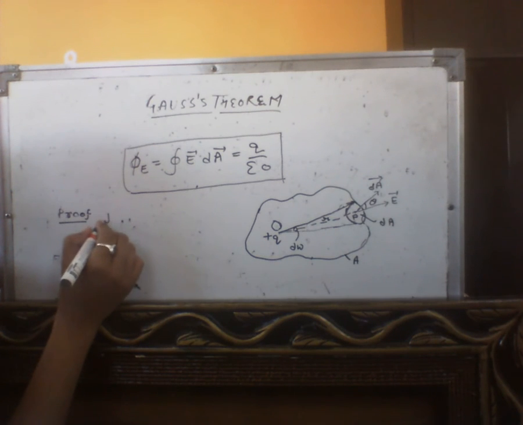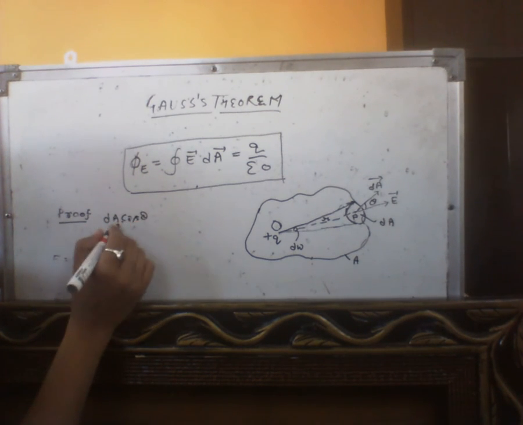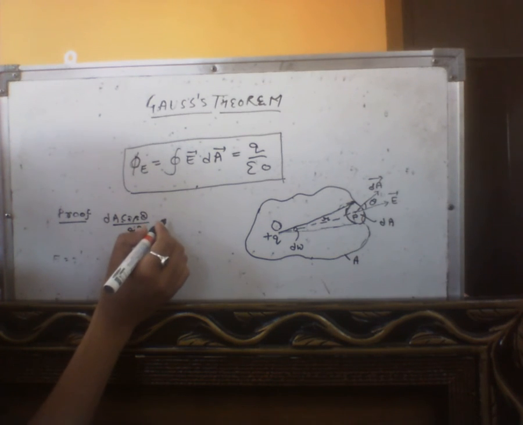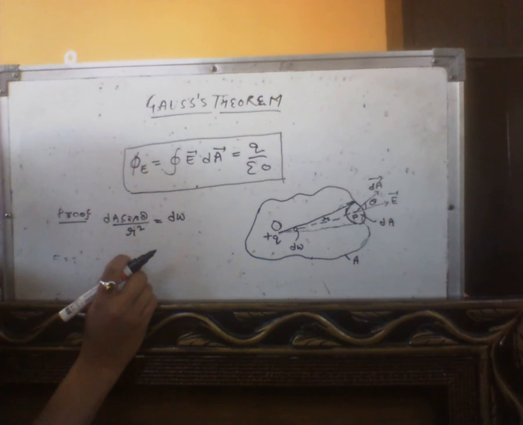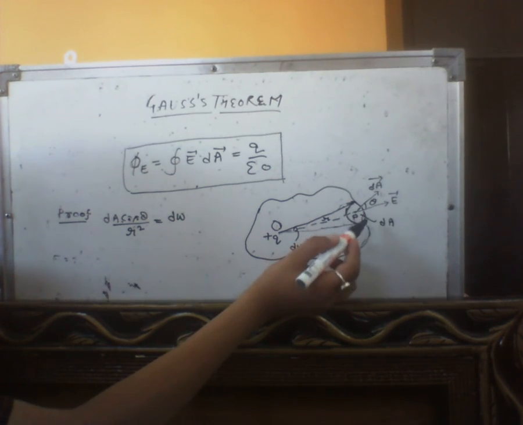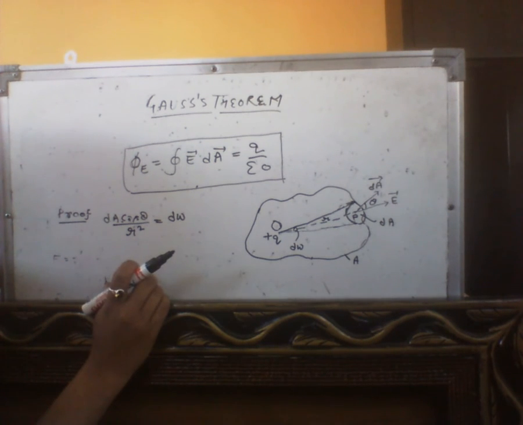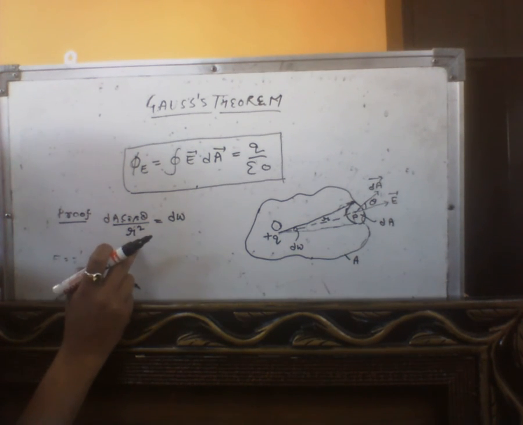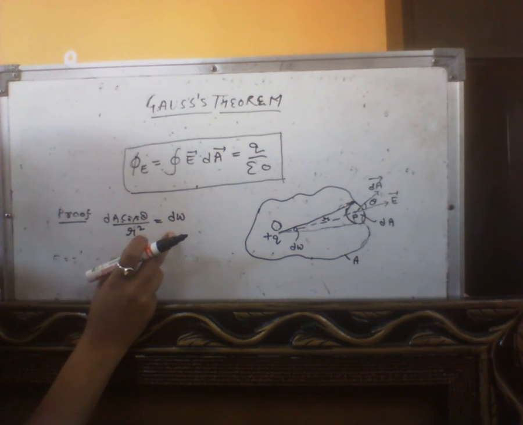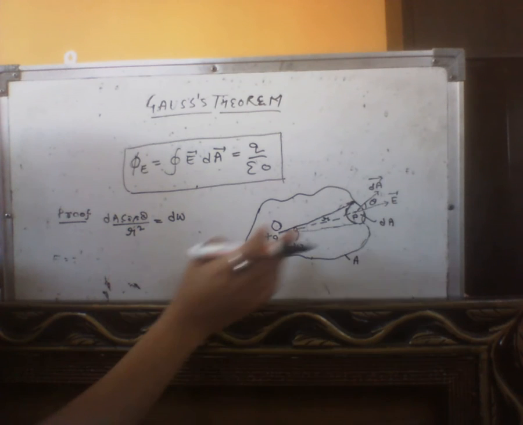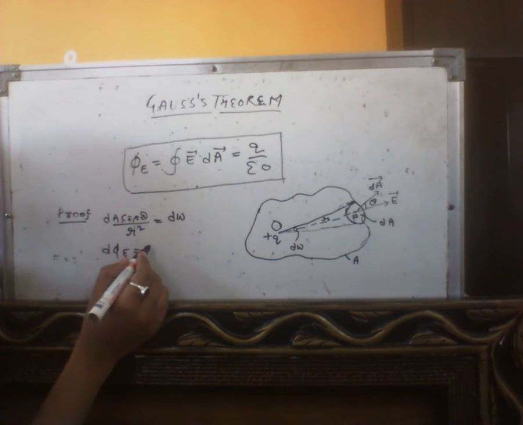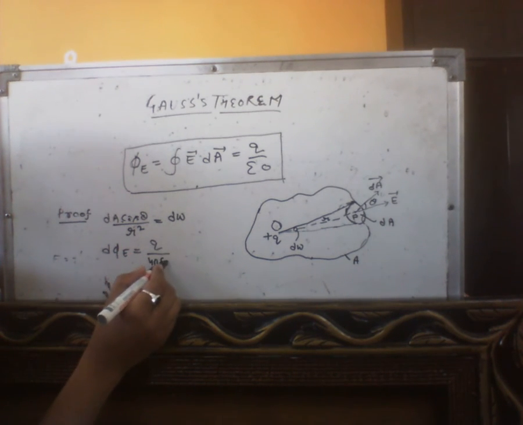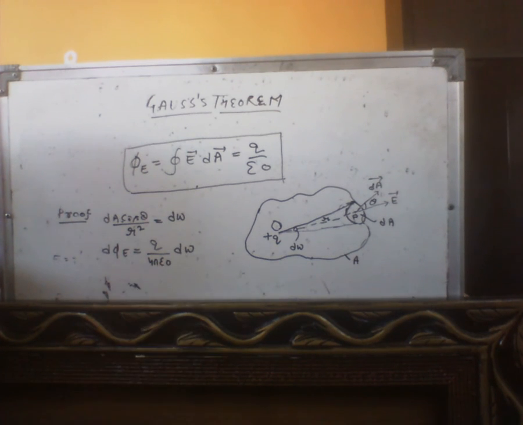But we know that dA cos theta upon r square is equal to d omega, which is the solid angle subtended by this area vector at point O. So dA cos theta upon r square can be written as d omega, and d omega is the angle subtended by dA at O. So d phi E equals q upon 4 pi epsilon naught d omega.